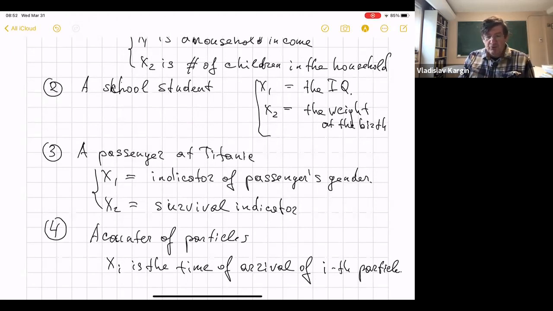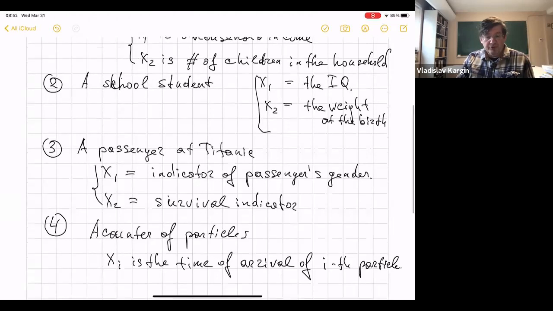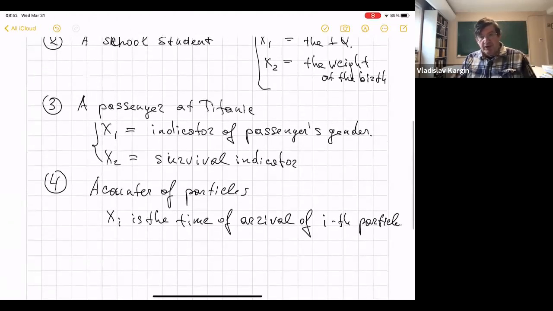This is a more difficult situation, so maybe we will not cover it here, because it's not clear how many. The number of particles is also random. But this gives you more information about the situation than just counting how many particles there are.